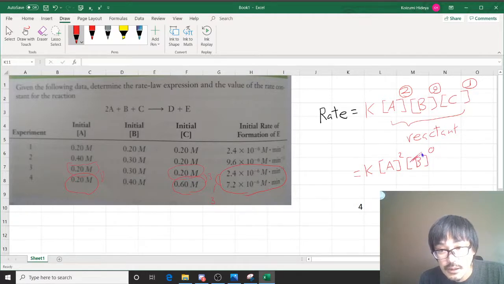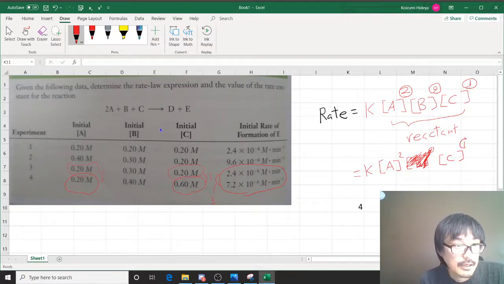We can ignore B, because anything to the power of 0 is 1. C to the power of 1. Why did I circle that?